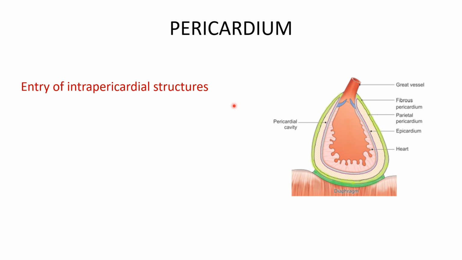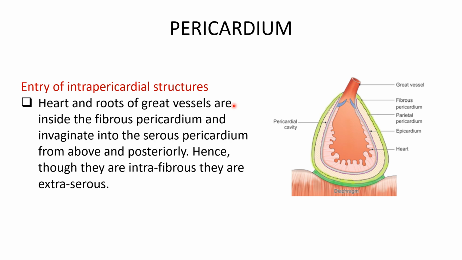Let us see how the intrapericardial structures enter the pericardium. The heart and roots of great vessels, they are inside the fibrous pericardium. Follow the greenish one in this picture.